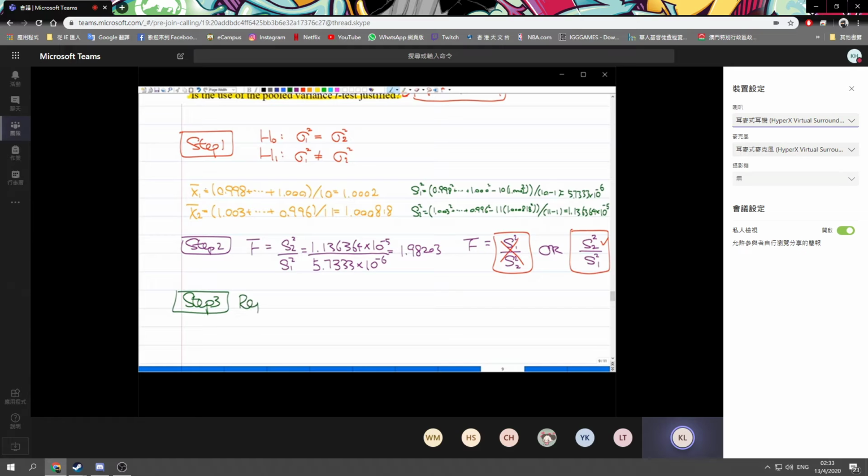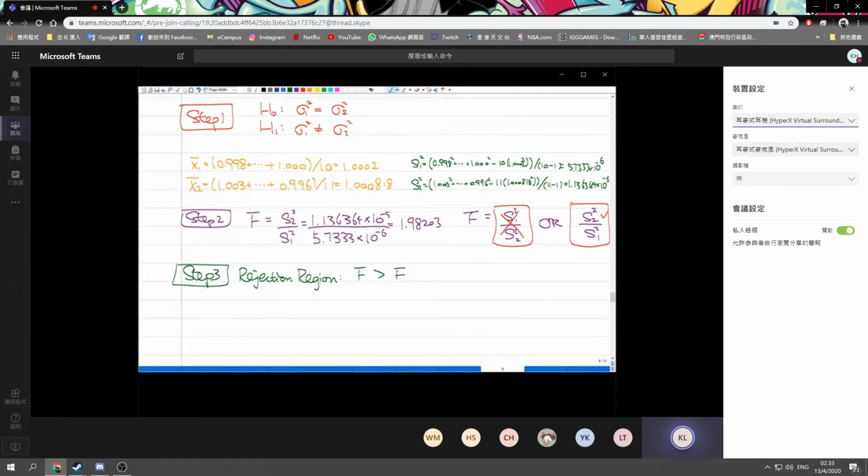Okay, and now we have step number 3, the rejection region. Even though technically we should put down 2 parts, only 1 part is needed, since we have made sure that our test statistic is greater than 1. Because this is not equal, we have to divide alpha by 2, and the degrees of freedom are 11 minus 1, because the second group has 11 points, and for the first group, 10 minus 1.